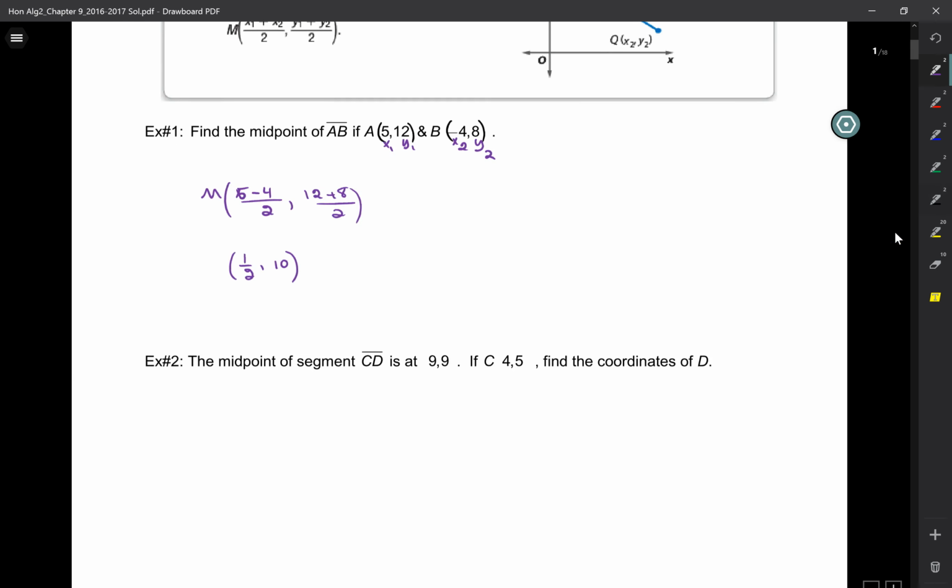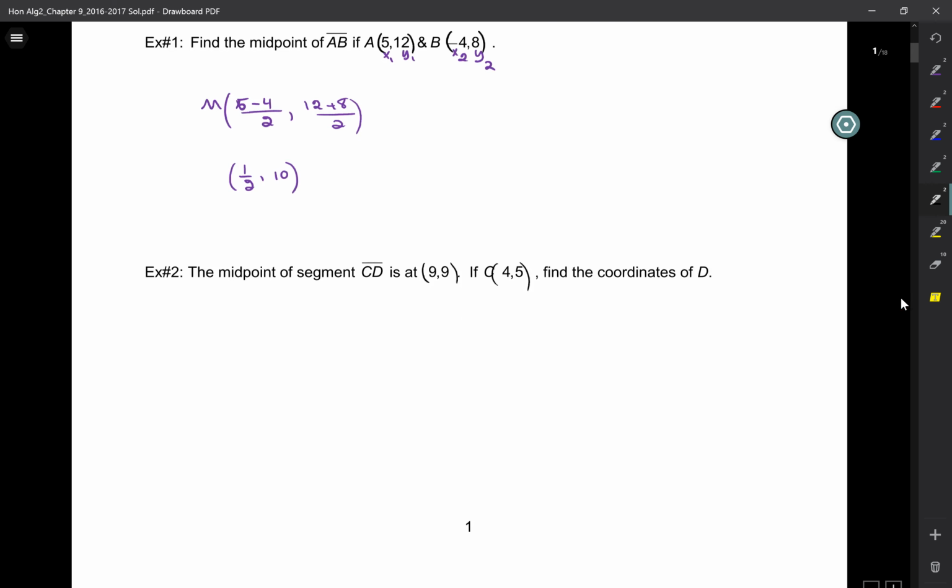So here I have 2 points. Oh my gosh, I solved this incorrectly in the last class because I didn't read the directions. Okay, so the midpoint is at 9, 9. And if C is at 4, 5, we need the coordinates of D, right? So D has coordinates x and y.